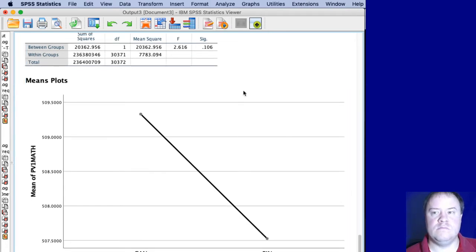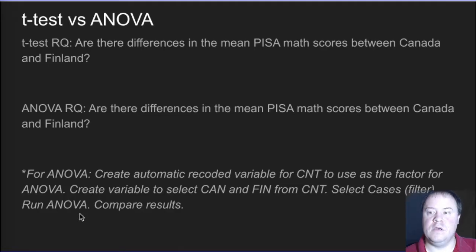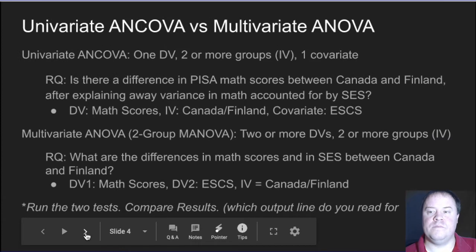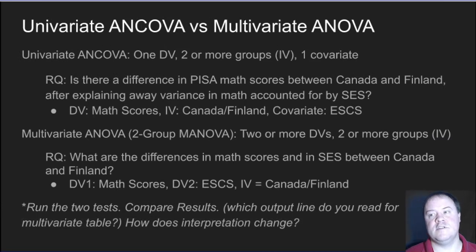All right, so now let's go back and think more about how this looks when we're thinking about MANOVA. So, univariate ANCOVA versus multivariate ANOVA. A univariate ANCOVA involves 1 dependent variable, 2 or more groups, which is the independent variable, and 1 covariate.